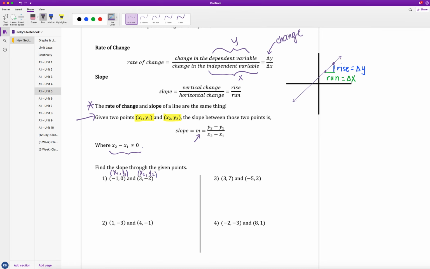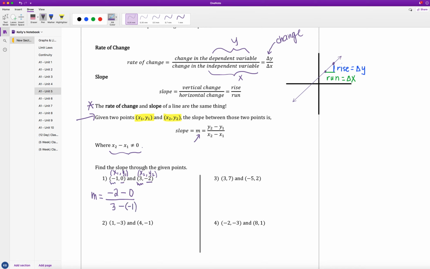Technically, I could flip-flop the names of these, but what does need to be consistent is that whatever coordinate pair x1 is coming from, y1 is coming from that same pair, and x2 will always be with y2. Now, when we go to find slope, I'm going to do my y2 minus my y1. So my y2 is -2 minus our y1, which is 0, over x2 minus x1, where our x2 is 3 minus our x1, which is -1.